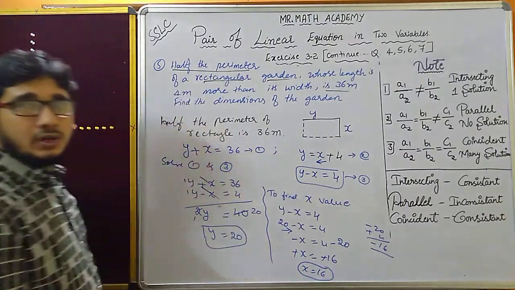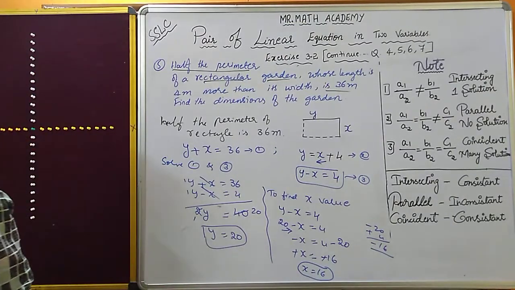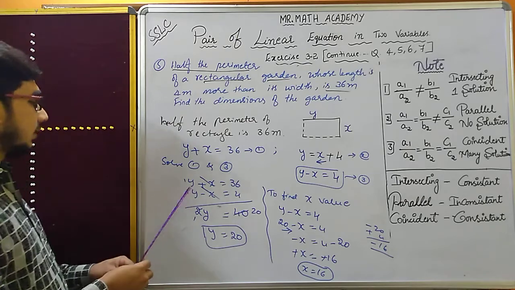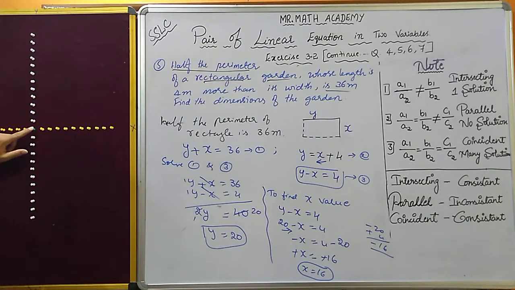In the graph, how will you get it? Just imagine this is 0, 2, 4, 6, 8, 10, 12, 14, 16, 18, 20.